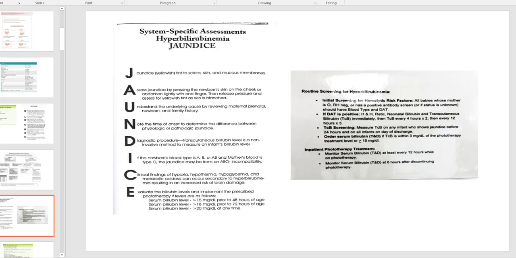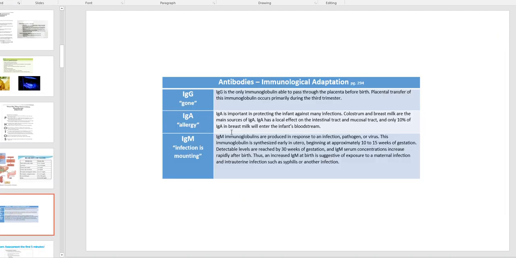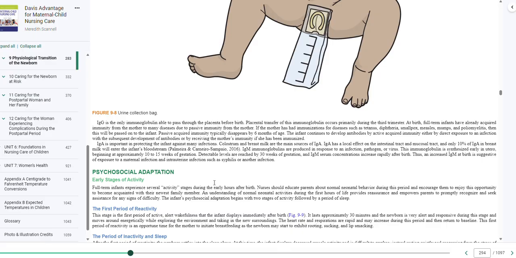So that means it's gone, like it's not there, all right? And let me show you this picture, okay? So it only is able to pass through the placenta, transfers of the immunoglobulin during that third trimester, okay? So going back, we're talking about IgA, okay?